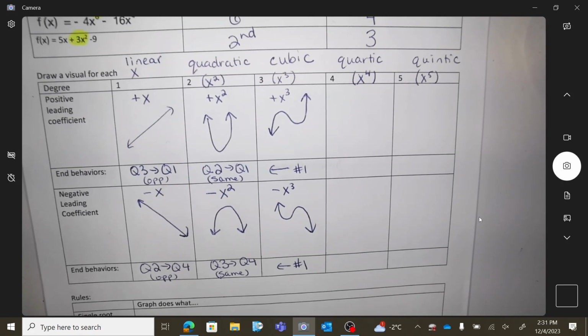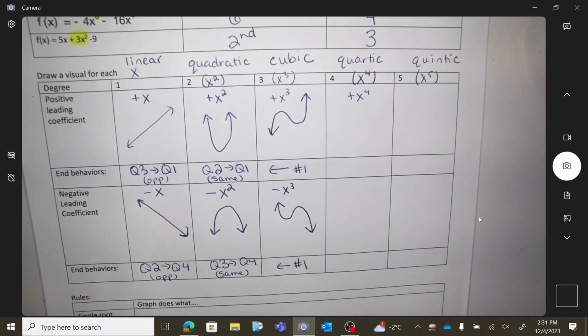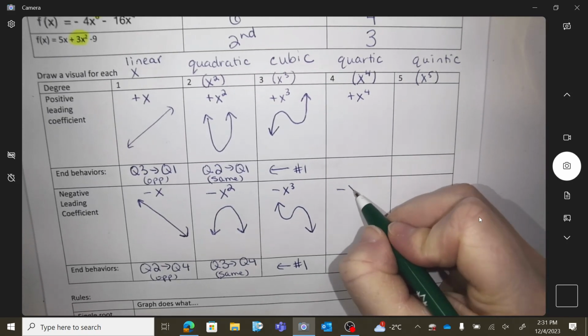Okay, a 4th degree. It's also a letter of the alphabet. Anybody else want to take a guess? Is it an M?